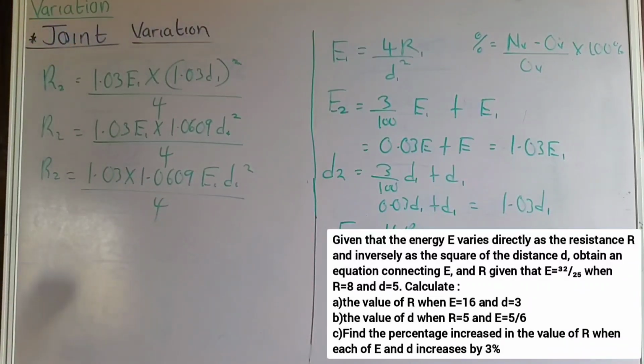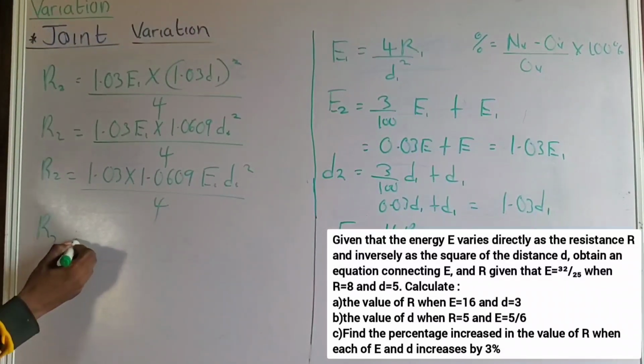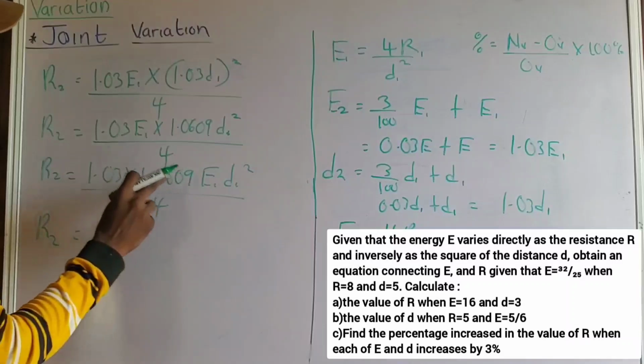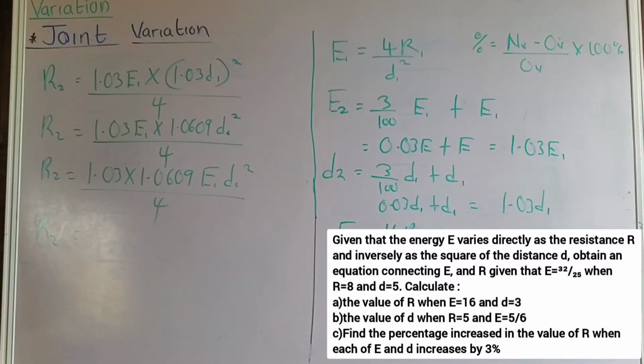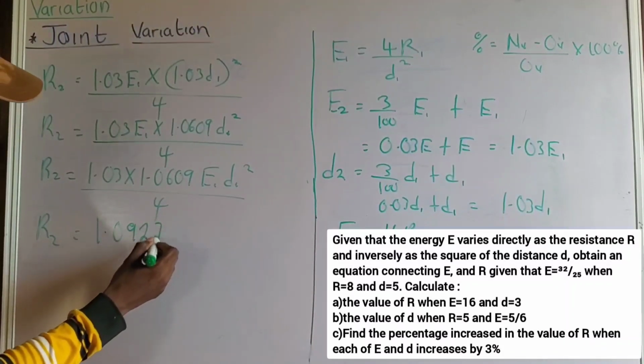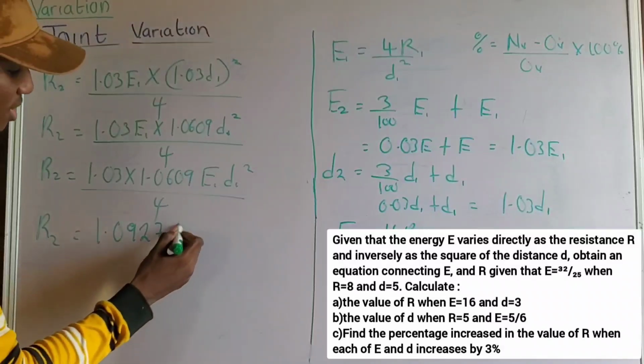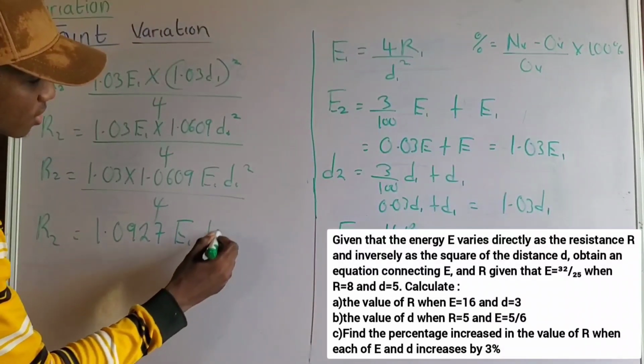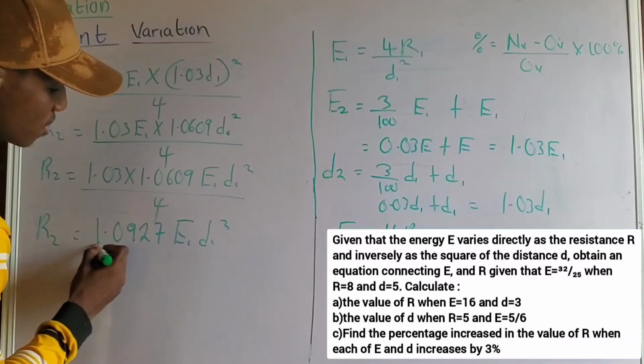Now listen to me. I can rewrite this. 1.03 times 1.0609 is 1.0927. So r2 is 1.0927 e1 d1 squared all over 4.